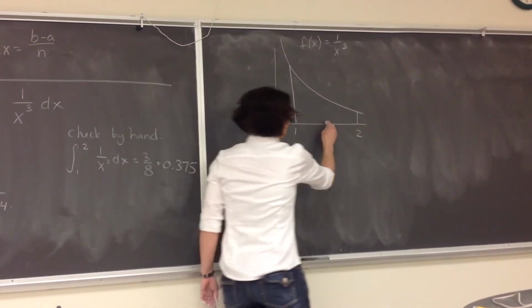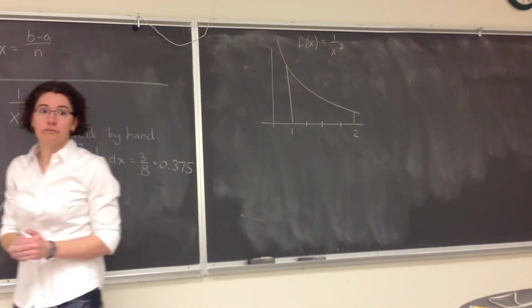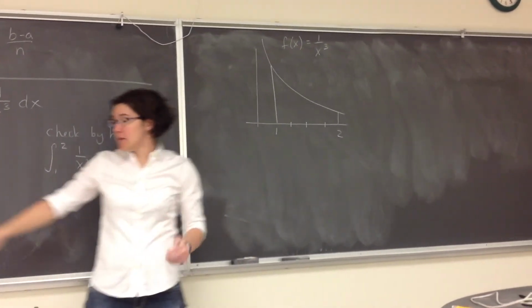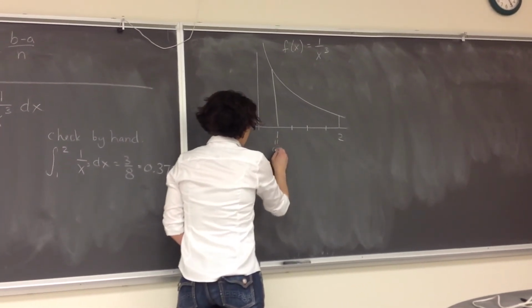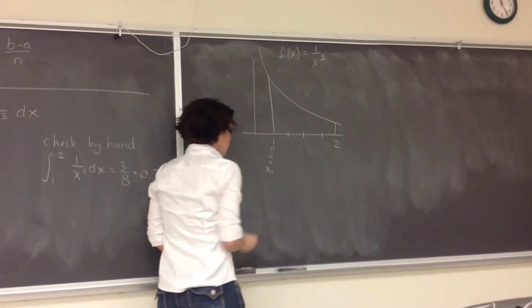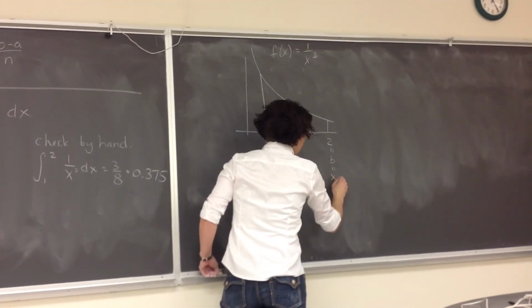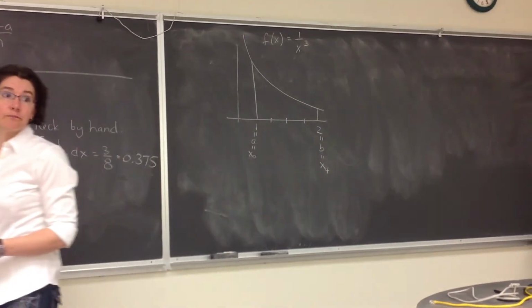So here are our 4 subintervals. In terms of the symbols that we have for our formula, 1 is our A value, which is x0. 2 is our B value, which is xn, which in this case, n is equal to 4.